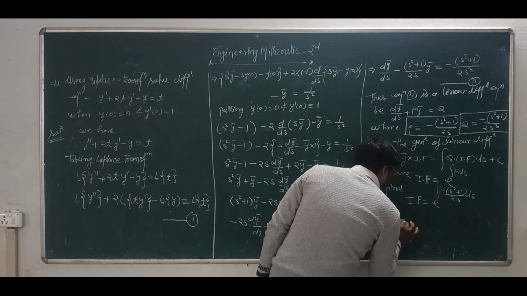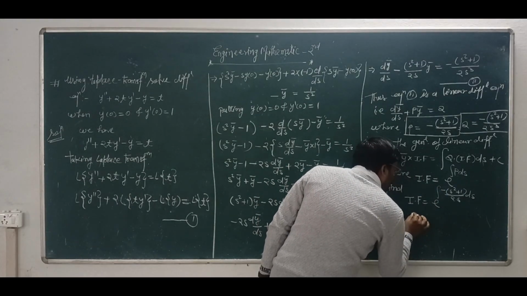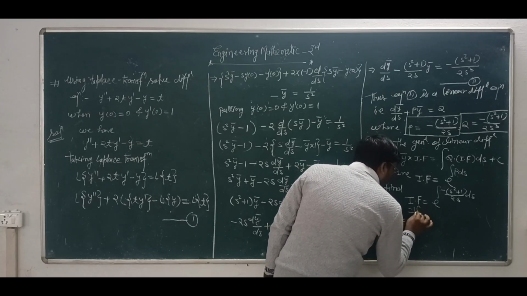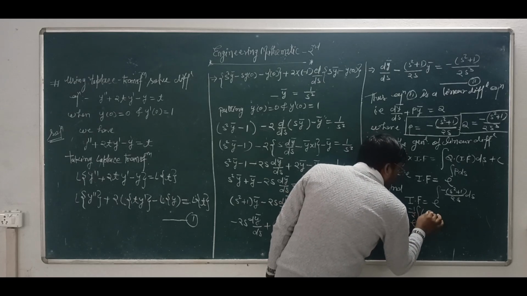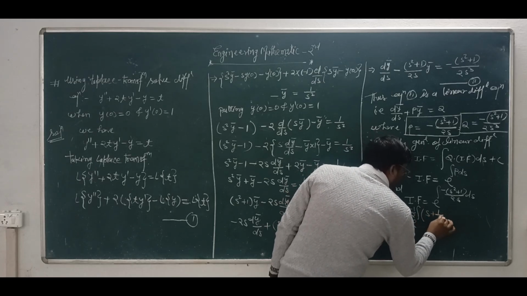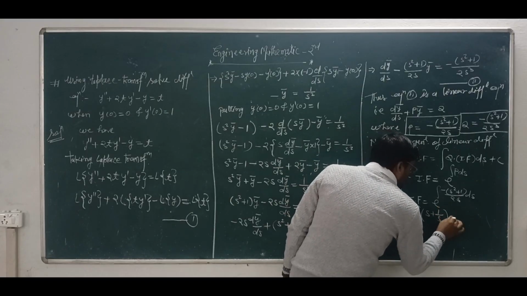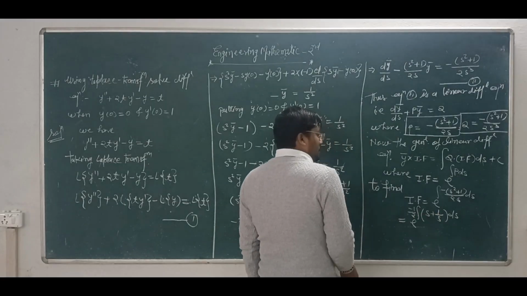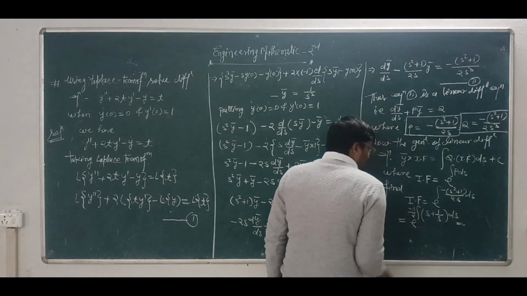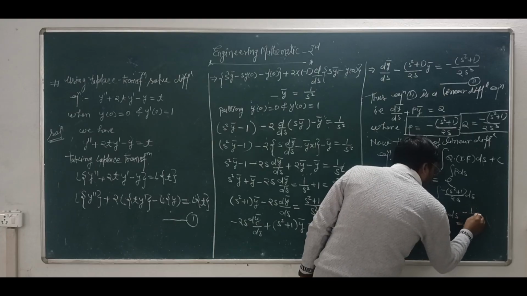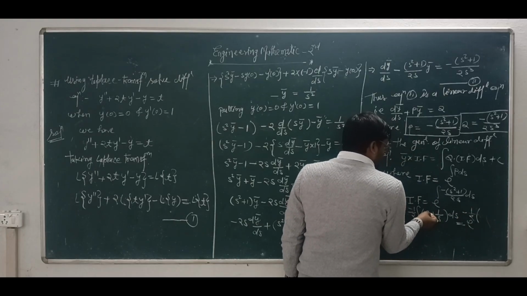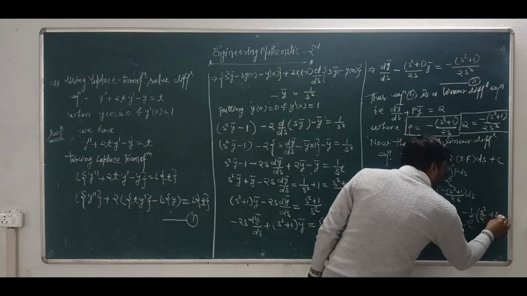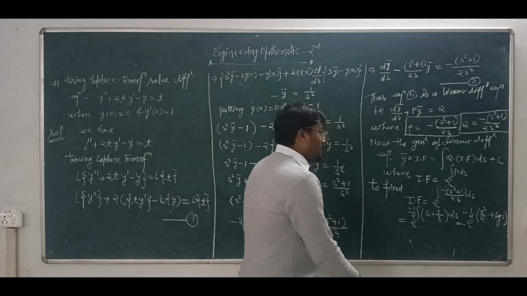You can break it: e to the power minus integration 1 by 2 into s plus 1 upon s into ds. Now integrate this function. This means e to the power minus 1 by 2 bracket, the integration of s, which is s square by 2, plus log s.